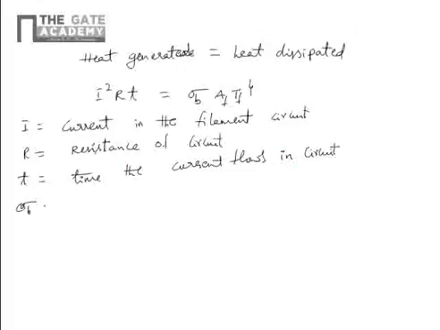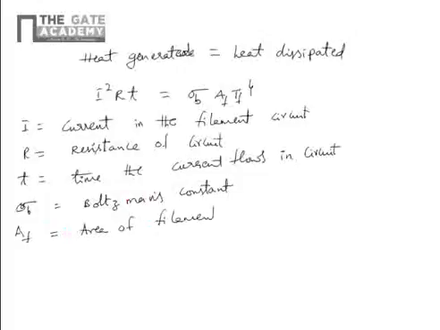Sigma is the Boltzmann constant. AF is the area of the filament. TF is the final temperature of the filament. Substituting these, you will get the values. If it is given in terms of voltage, you have to substitute in terms of VIT, and you will get the filament temperature.